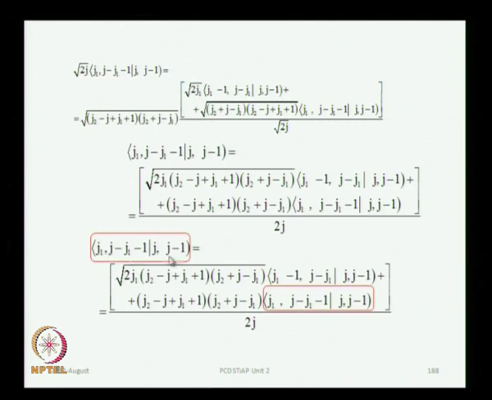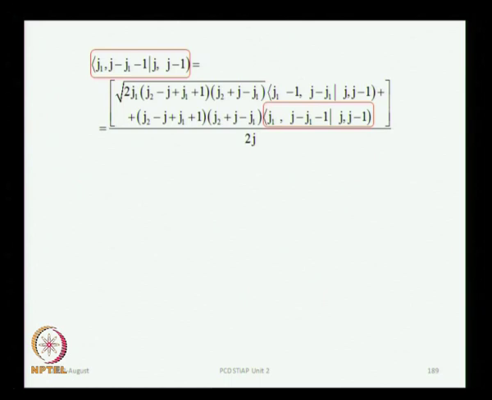So, this is the coefficient that you get in, and you have the same term over here. So, you can actually combine these terms and get the residual relationship which will come out of it. So, you have the same term coming in over here, j1 comma j minus j1 minus 1 is the same over here, and this is j comma j minus 1 which is the same thing over here.